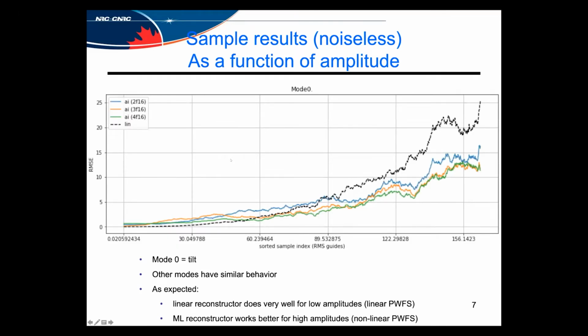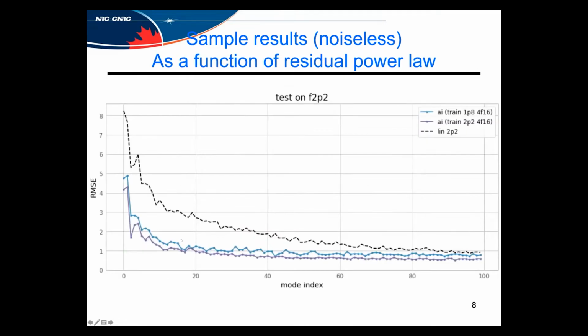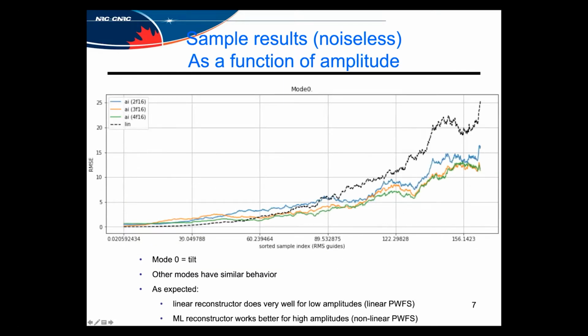It's also interesting to see how these reconstructors do as a function of the amplitude of the phase screen. Like I said, we generate amplitude between 0 to the left and 200 to the right. Here it's quite interesting because we see that for low amplitude, the linear reconstructor does better, of course, because the wavefront sensor is linear for this amplitude.